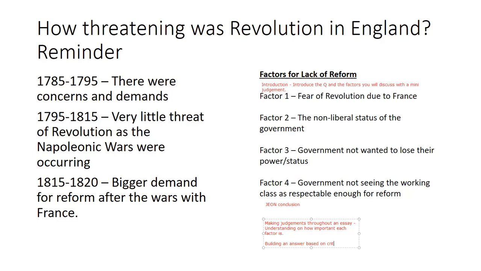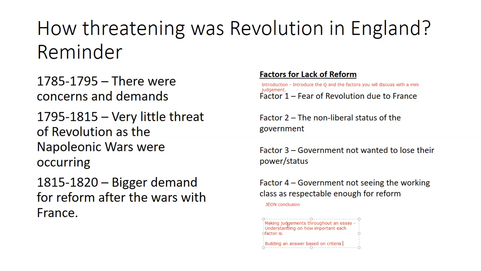So you are building, well, I think this is more important, this is more important. If we looked at why World War I began, each factor in the eyes of historians has different weightings. So it's up to you. There is no right or wrong answer about what you think is the most important reason why reform happened. But you do need to show the examiner that you get it.